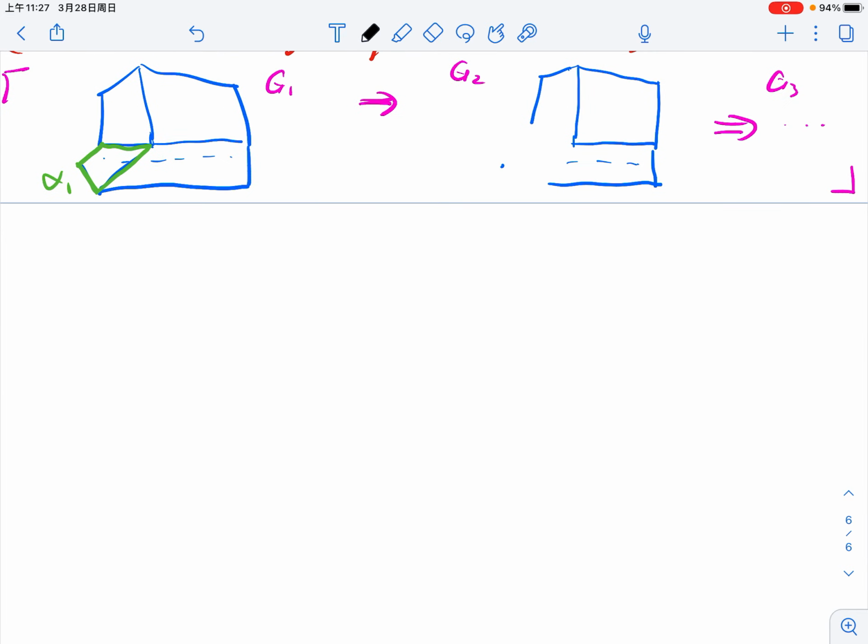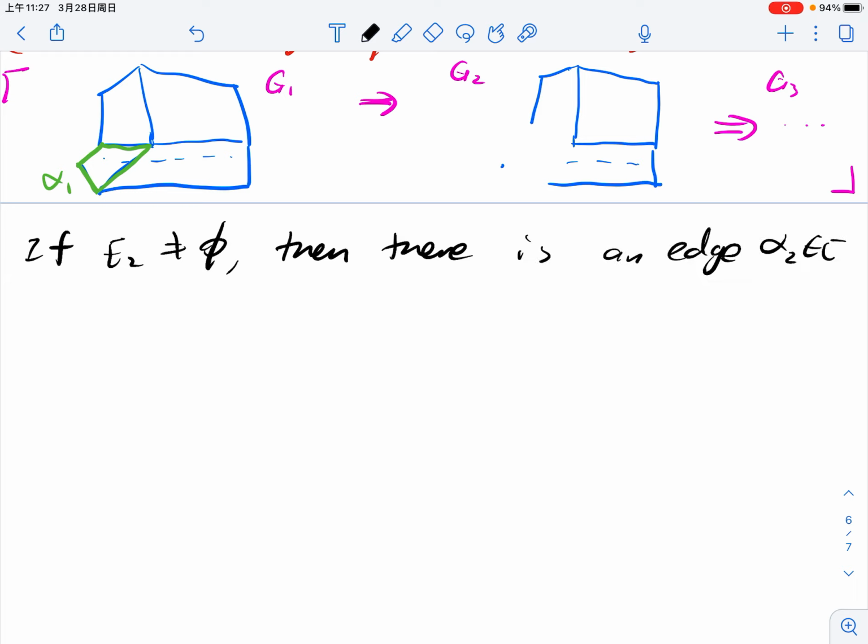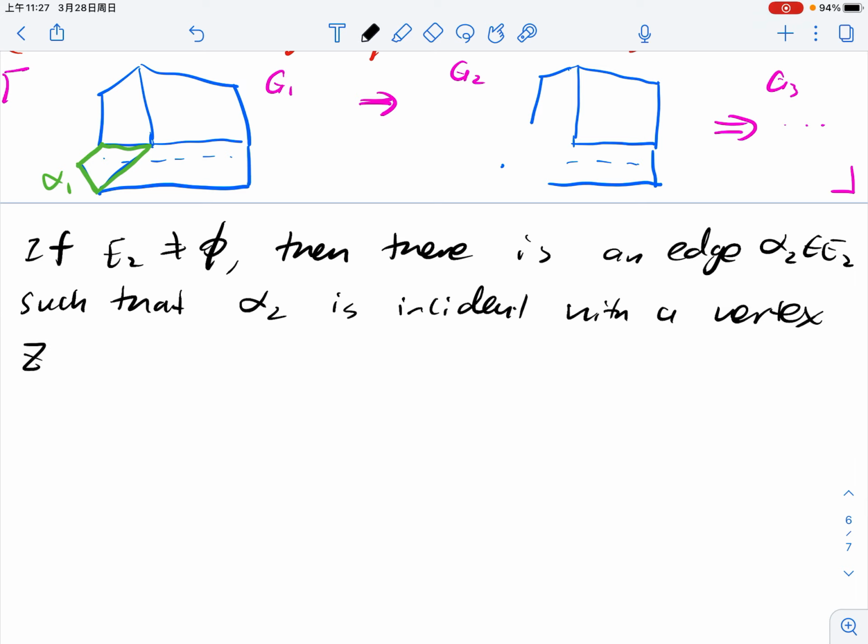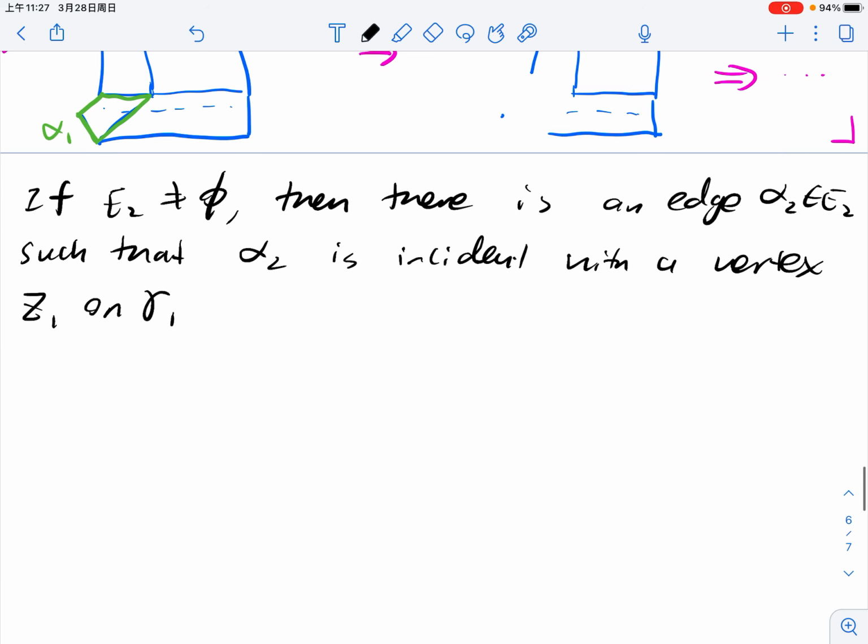Notice that if E2 is an empty set, we are done. If E2 is not empty, then there is an edge alpha 2 in E2 such that alpha 2 is incident with a vertex z1 on gamma 1. Why is this true?